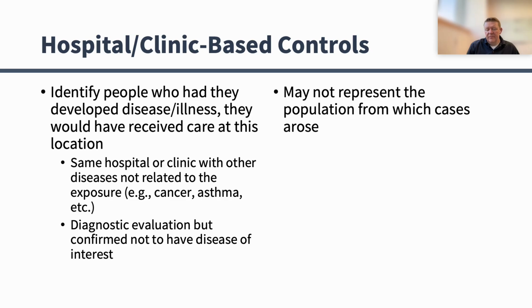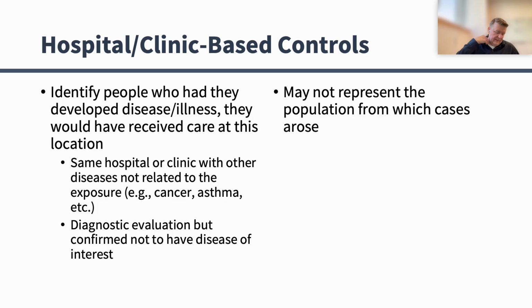As we mentioned earlier, they should have conditions they're being attended for at that hospital that are different and not related to the exposure of interest. So cases of cancer, or some other specific condition, might be appropriate controls for injury studies, depending on the exposures we're looking at.